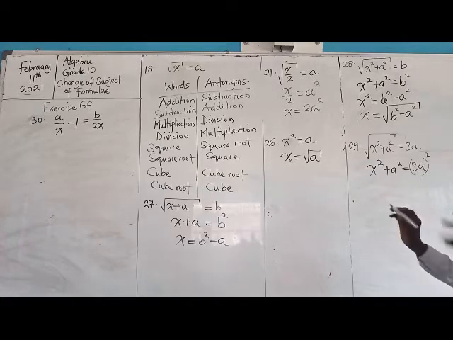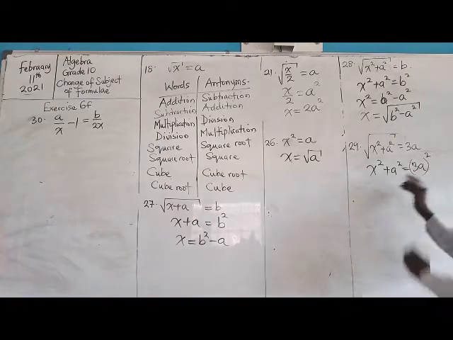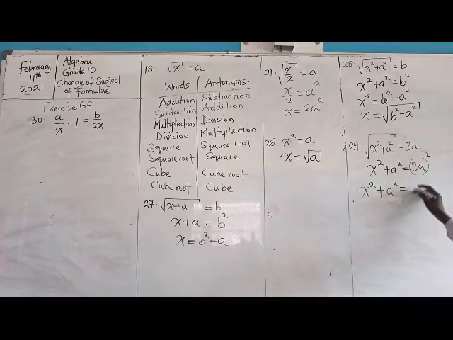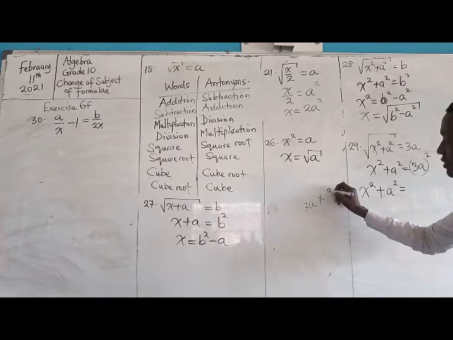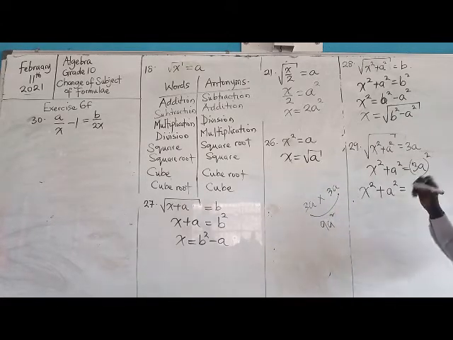Remember we said that the effect is always transferred to everything on the right hand side. That said, x squared plus a squared will now be equal to what? 3a times 3a. 3a squared means multiply 3a twice. And that will simply be what? 9a squared.